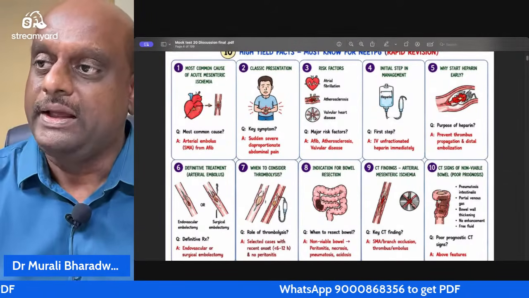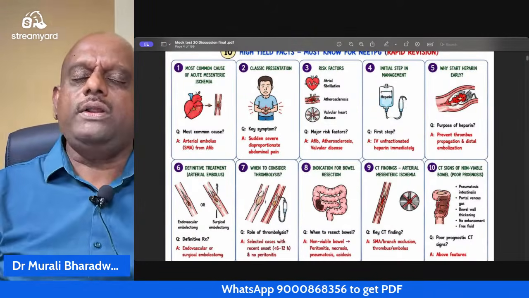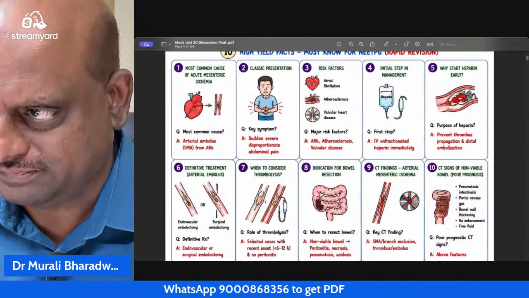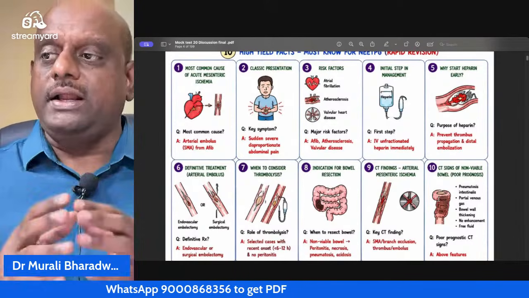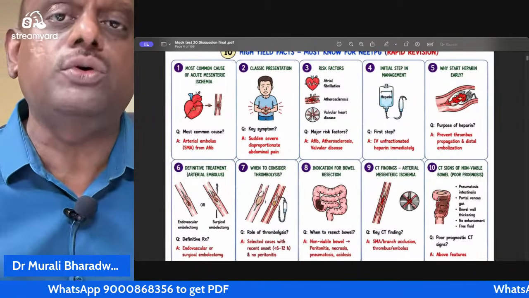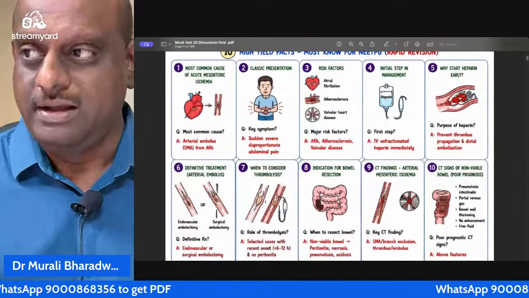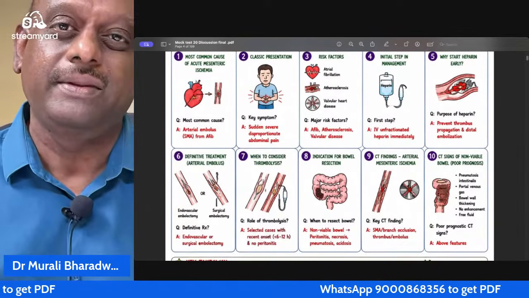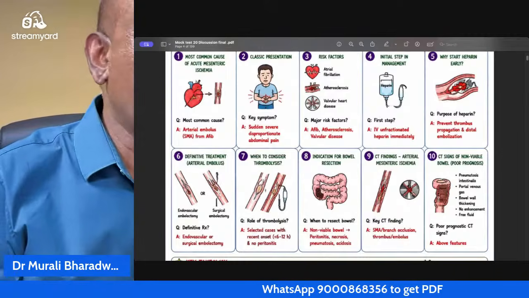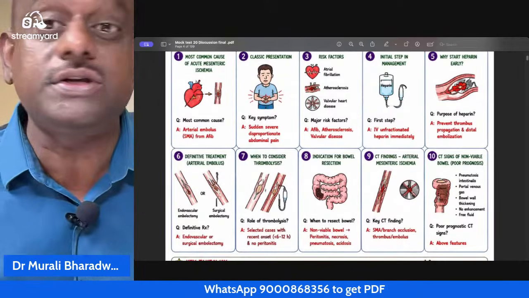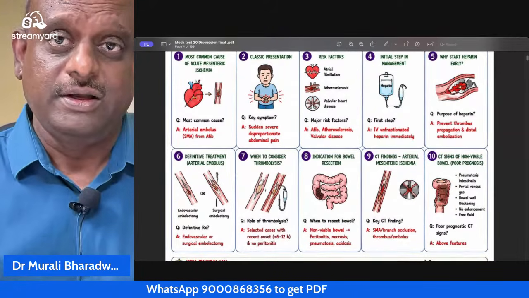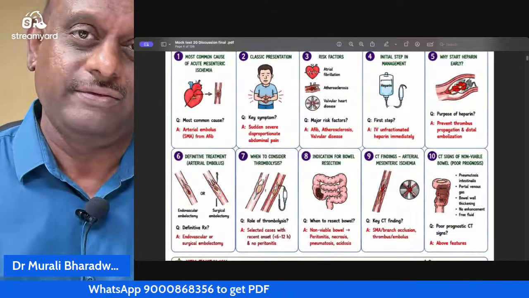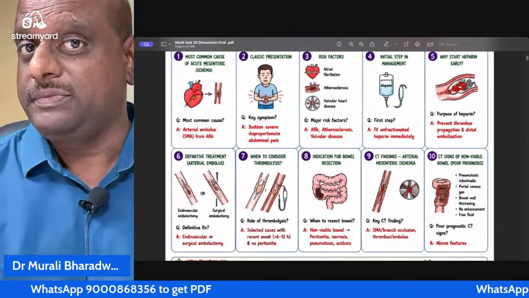Good. So what is the classic presentation? Any sudden severe disproportionate abdominal pain is an important clue that it is mesenteric ischemia. Whenever there is atrial fibrillation, that can lead to systemic embolization, which can lead to mesenteric ischemia.